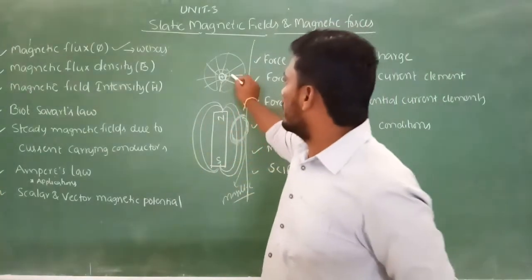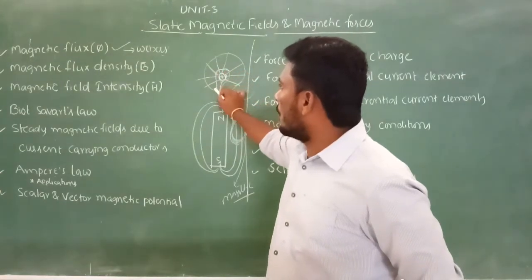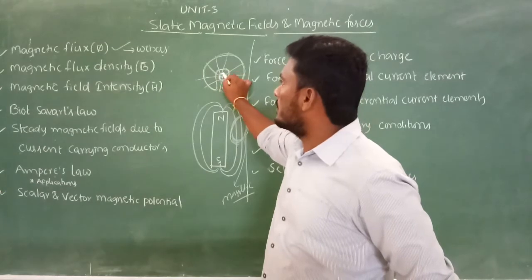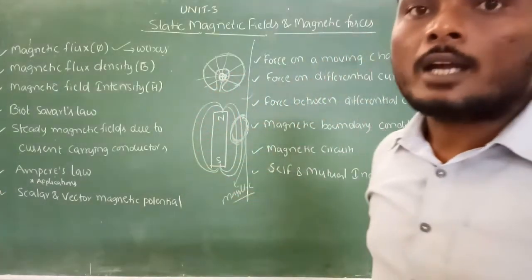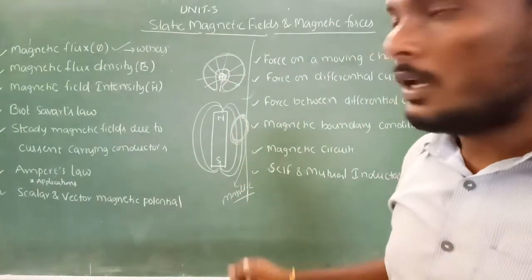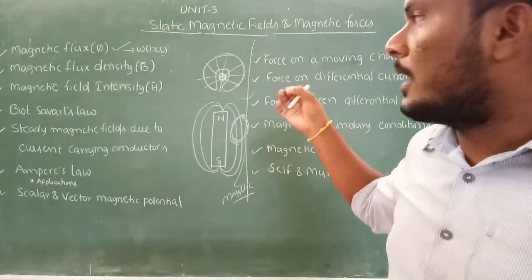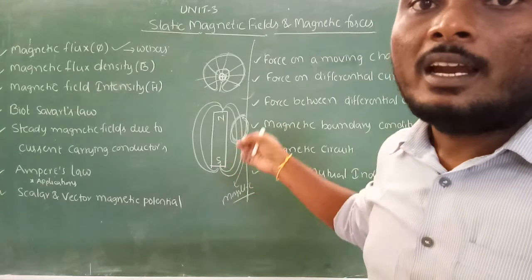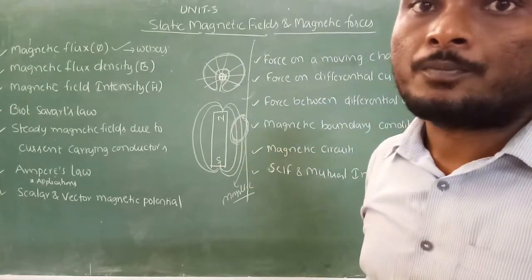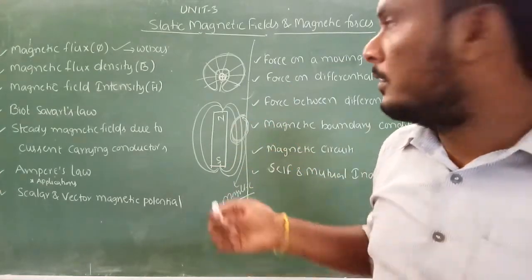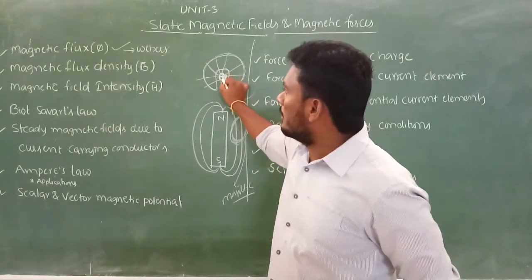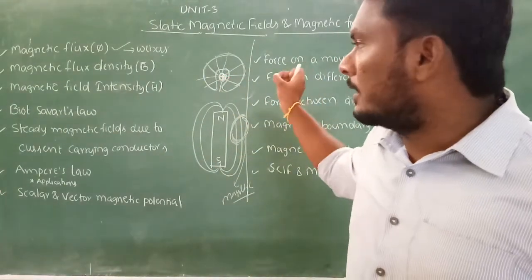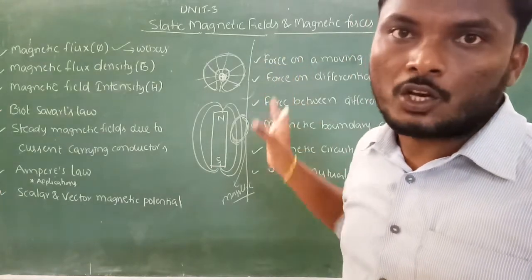This charge is in a static position, or we can say it is not varying with respect to time, so it is a time invariant charge. This charge is not moving with respect to time, so this type of charge is called a static charge.